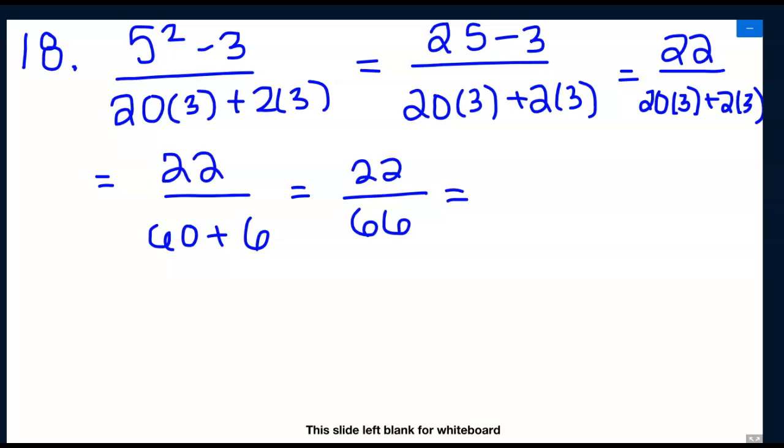So 11. Very good. So 22 divided by 11 was 2. 66 divided by 11 is 6. And really, 2 6 goes into this even more. You get 1/3. So I could have divided by 22.